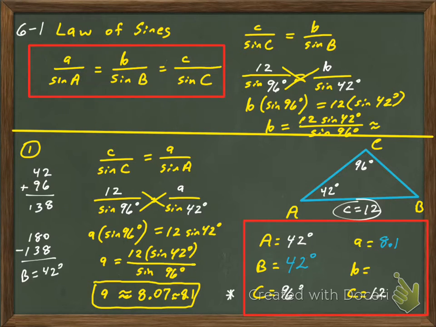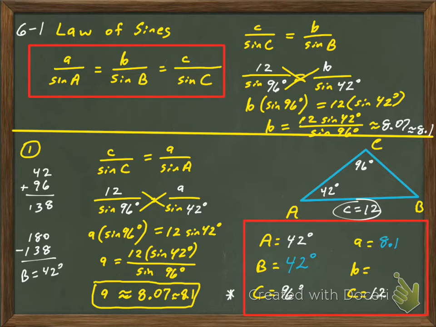And I'll punch that in my calculator. Give me 1 second. Okay, I got 8.07 again. Rounded to the nearest tenth would be 8.1. So my answer for side B is also 8.1.